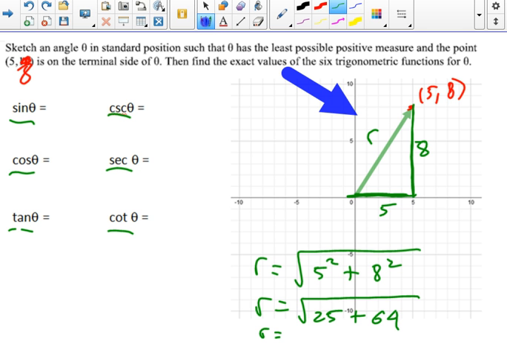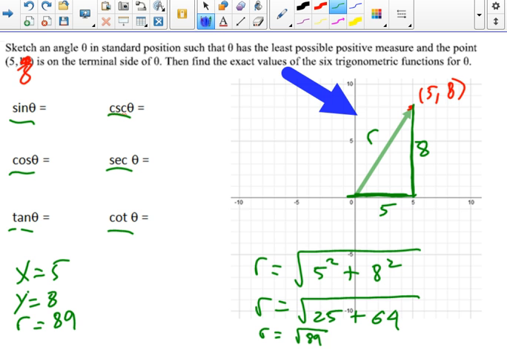That would work. I should probably get the calculator out, and so yeah, 89. I don't think there's anything that goes in there, so we're just going to leave it as the square root of 89. So that means I have x is equal to 5, y is equal to 8, and r is equal to the square root of 89.